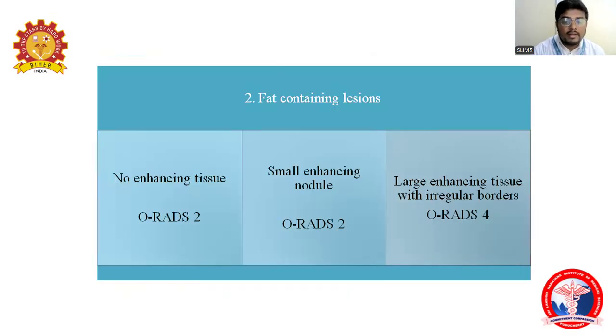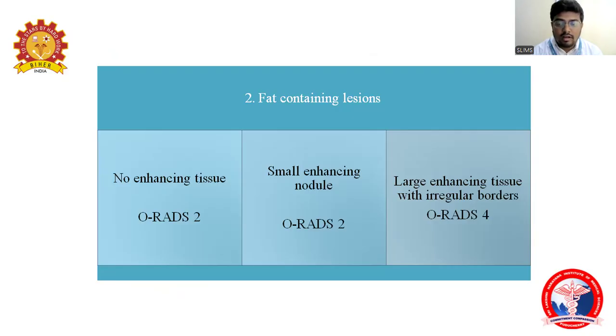Next is the fat containing lesion. In the case of fat containing lesion, we should look for whether any enhancing tissue is there or not. In case there is no enhancing tissue, then it's directly mature teratoma and a score of O-RADS 2 is given. And if there is a small enhancing nodule like a mural nodule or Rokitansky nodule, then O-RADS score of 2 is given.